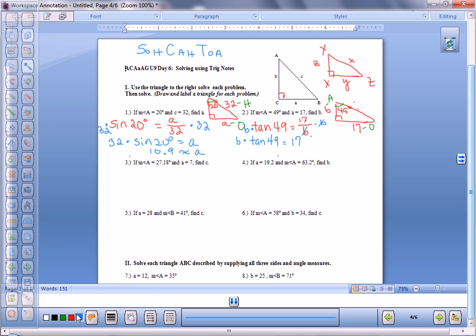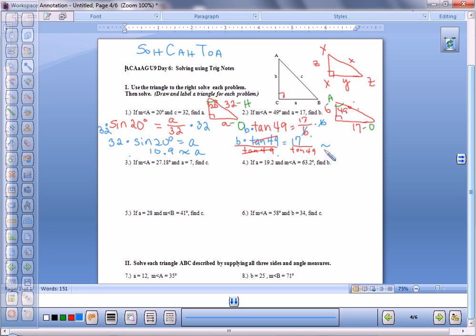Now, to undo multiplication, because I'm solving for B, I want it by itself. What would I use to undo multiplication? Division. Oh. So, do we now see where B equals 17 divided by tan of 49 came from? Yeah. Okay, good. All right, so this is the exact answer.